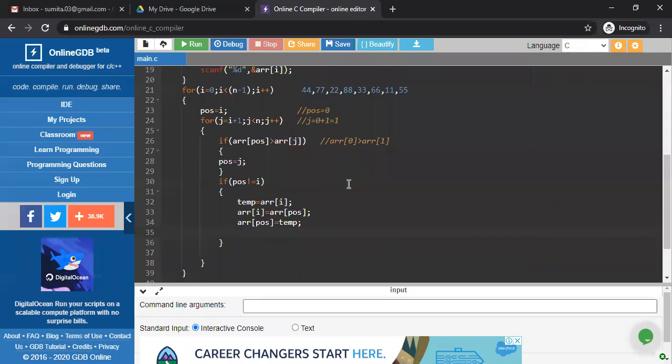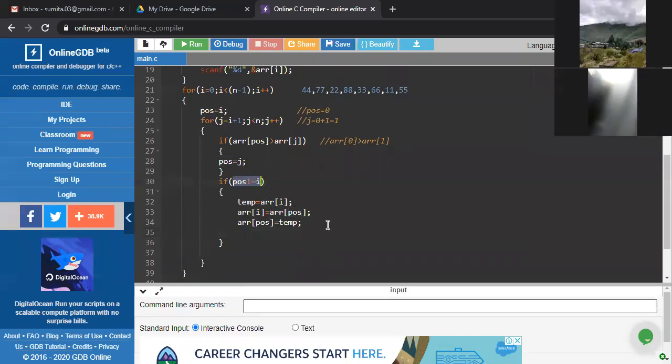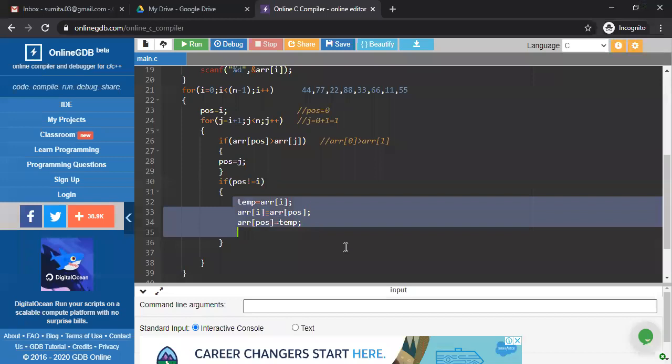POS value has not changed yet, because I am still in iteration 1. POS value has not increased yet. So POS value is 0. What is the I value? It is also 0. So POS is equal to I. So this condition is also false. So the compiler doesn't enter into that part also. So no swapping is done in that particular case.